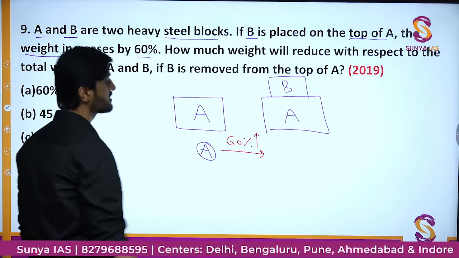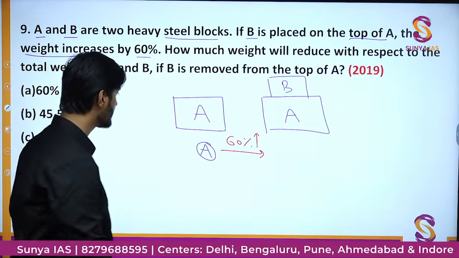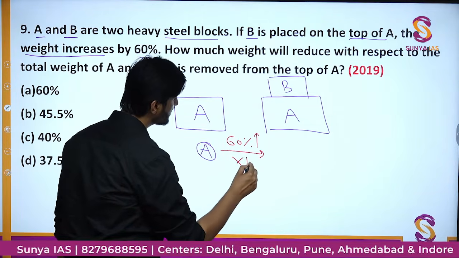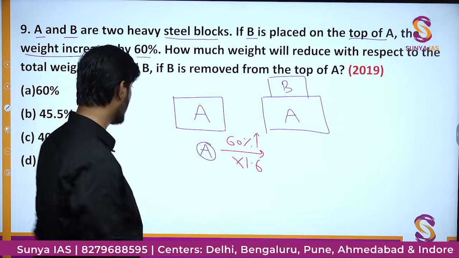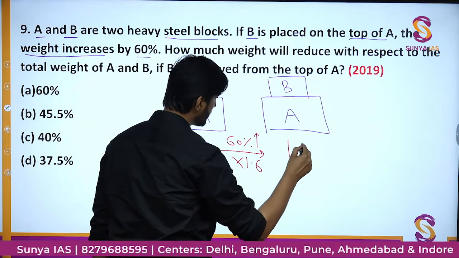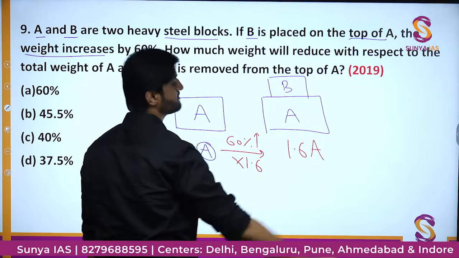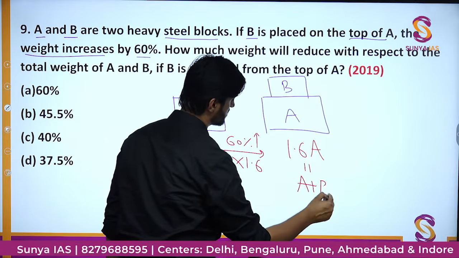So if there is a 60% increase, how do you represent that? You represent that by multiplying with 1.6, right? So here we will have the total weight of the two blocks as 1.6 times A. This is the total weight mass of A and B both.